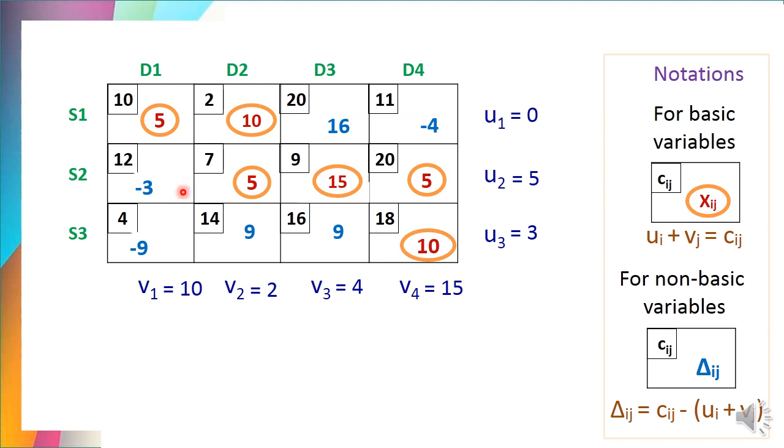Here it is minus 3, minus 9, 9 and 9. We can observe that there are two negative values. We need to consider the largest negative value, which is minus 4. Let us allocate as much as possible to this particular location. Let us say we are allocating plus theta.